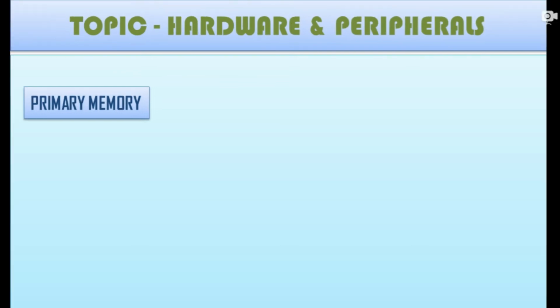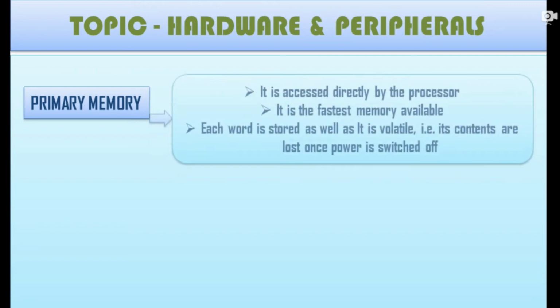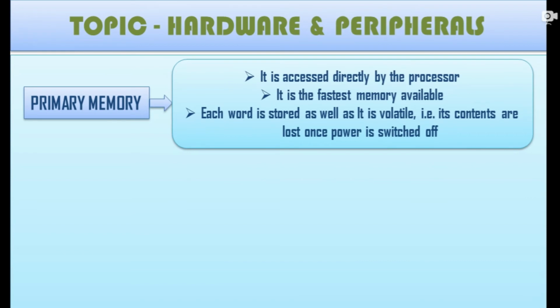At first, primary memory, which is accessed directly by the processor, and it is the fastest memory available, and each word is stored, and it is volatile. That is, its contents are lost once power is switched off.